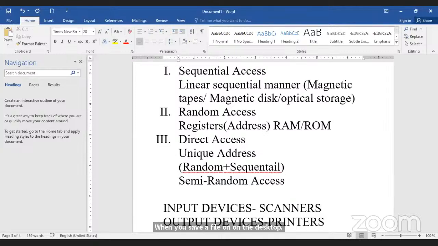So it means when you save a file on the desktop, or on a particular location, the computer keeps that address. If you save a file on the desktop, it doesn't mean that the file is on the desktop. Files are usually stored on the secondary storage. So when you move an item from My Documents to Gallery, the address table changes, so that when you go and click on My Documents, the files are located on the hard disk.